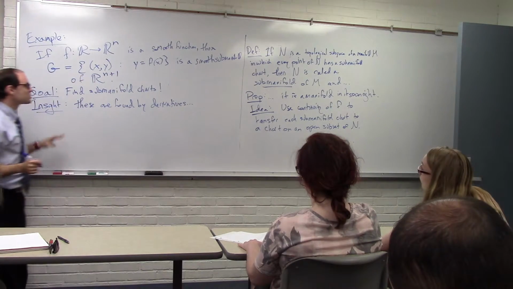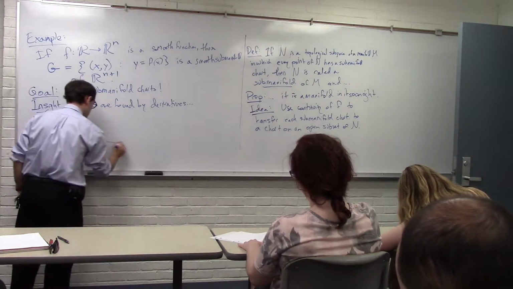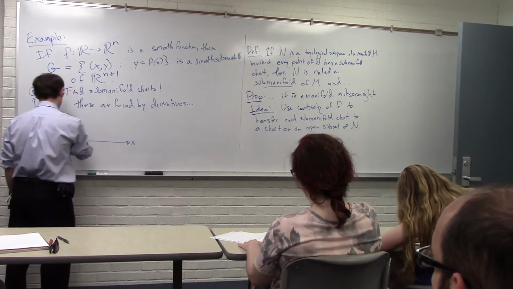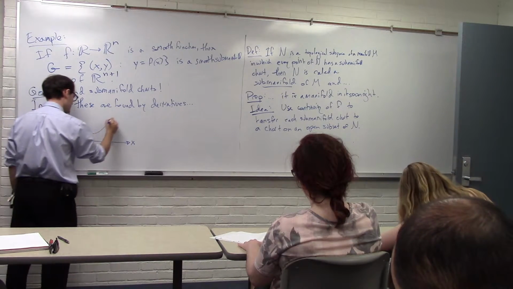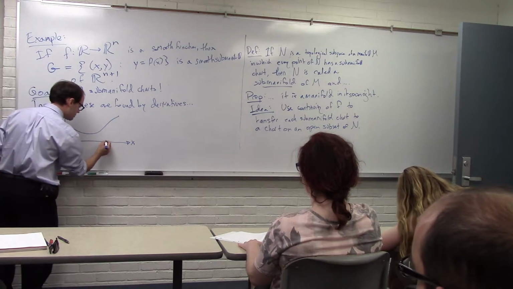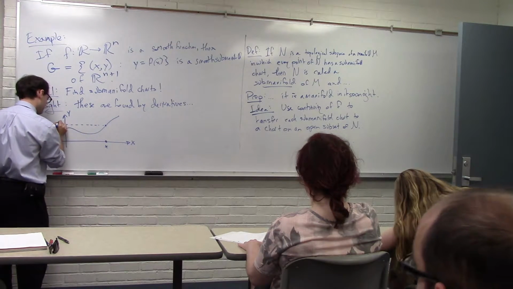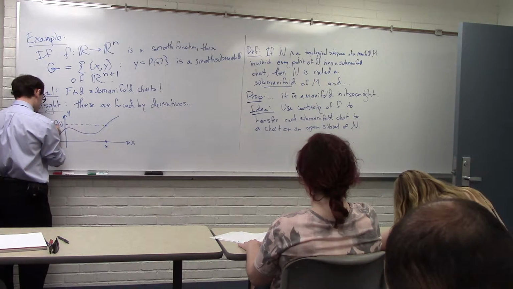Not exactly derivatives, there's a little bit more to it, but we'll see that. So let me get a picture up on the board. Here's x, here's y. Just come up with a little calculus function. Here's a point x, here's a point y equal to f(x).